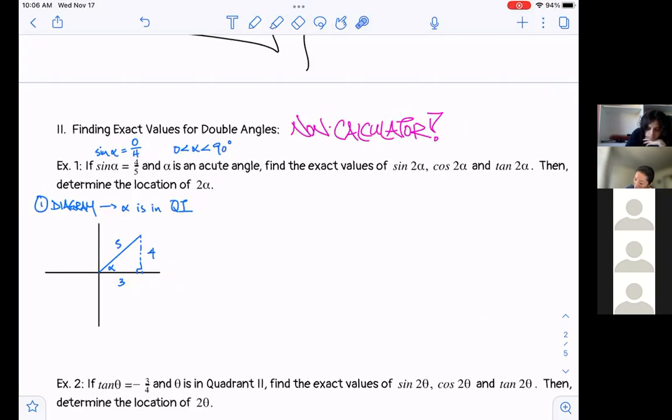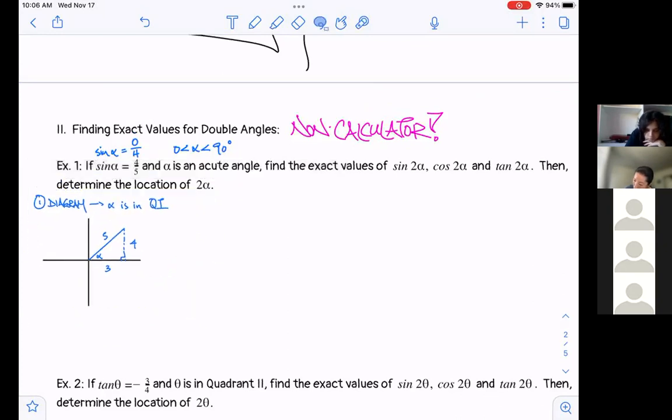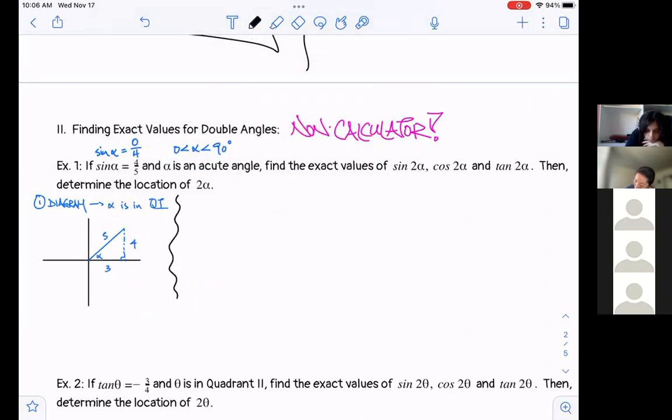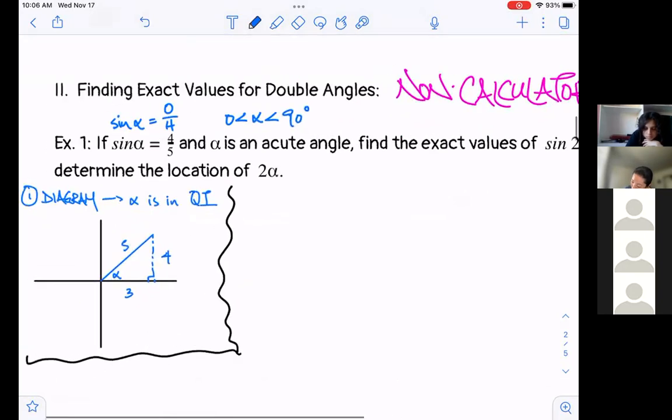All right, so we've got our diagram. We know that our angle is in quadrant 1. And now let's go ahead and figure out what sine of 2 alpha is. Okay, and so here's how we're going to do this.